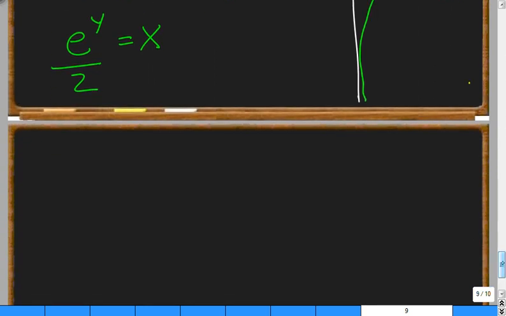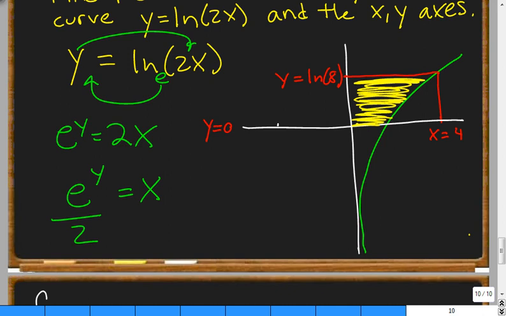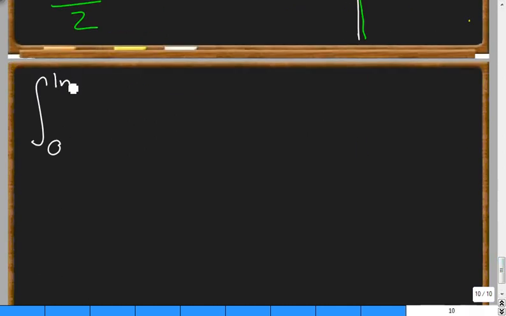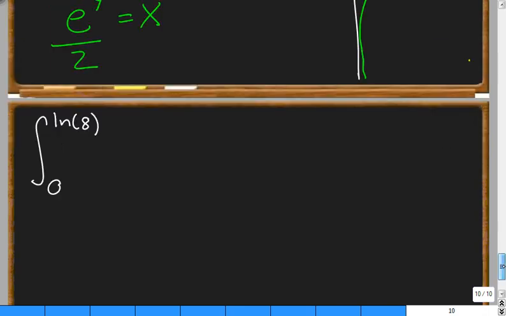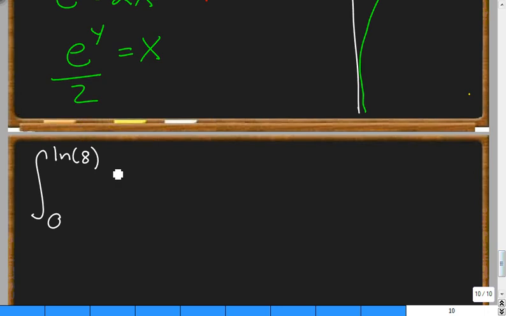Okay, so we're going to integrate to find our area. Remember, we're integrating from 0, which is here, to the natural log of 8. So integrating from 0 to the natural log of 8, we are integrating e to the y over 2 dy.